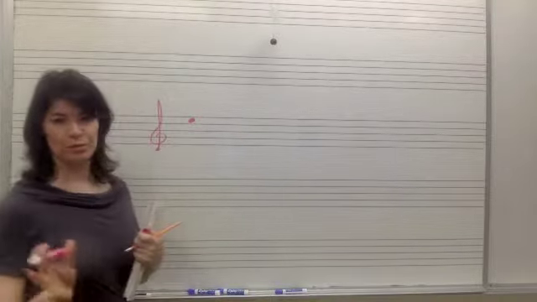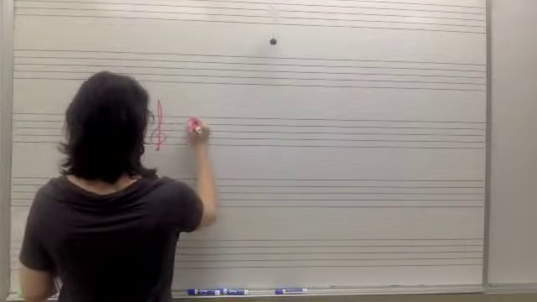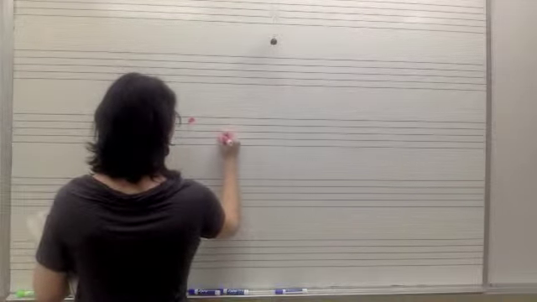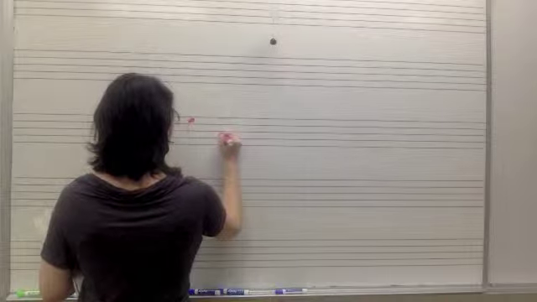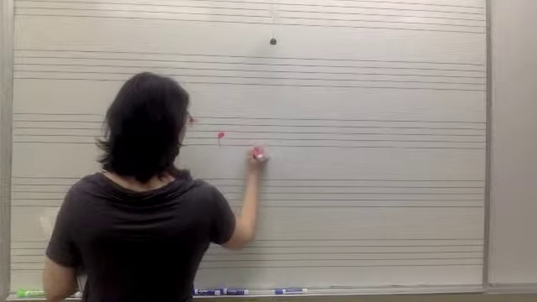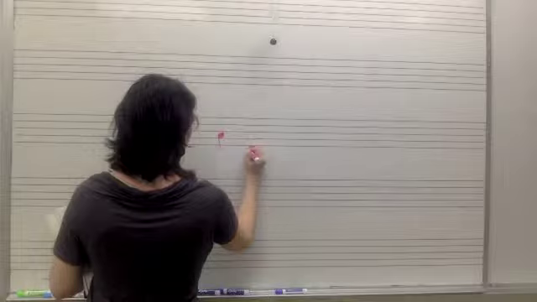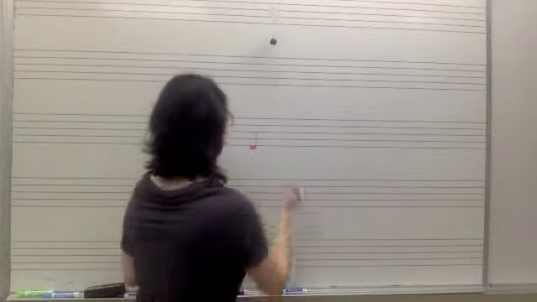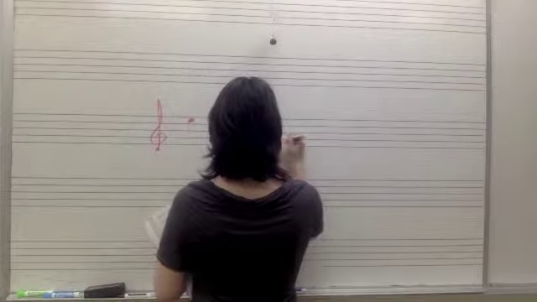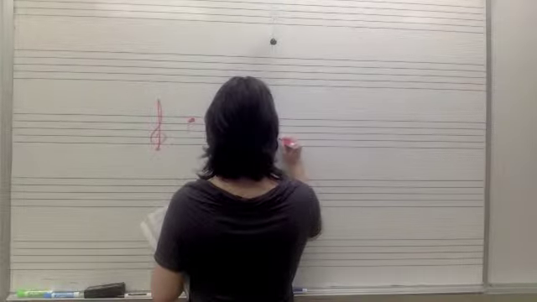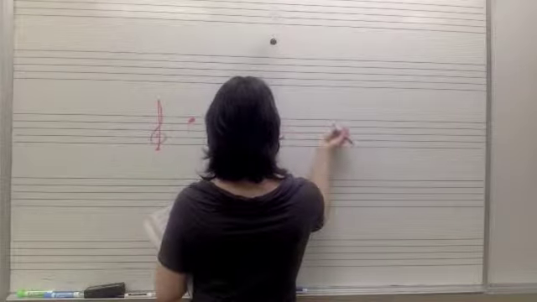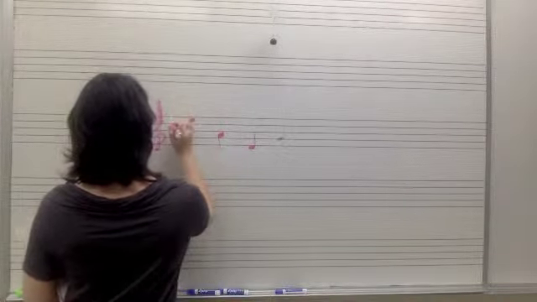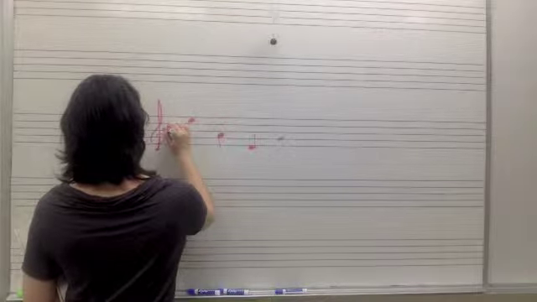If I'm just doing roots, we have E, and then we'll jump down a fifth, and down another fifth, and then maybe up a fourth, and we'll call it E flat, because I'm lazy.